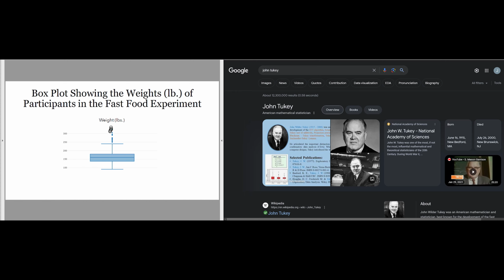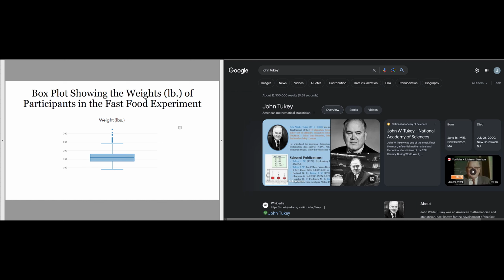We do have some people that are above 250 pounds. Okay, so by using a fence that is 1.5 times as wide as the interquartile range, and then pulling back to an actual data point, somebody's actual weight, there we have the whisker. And beyond the whisker, we have outliers.